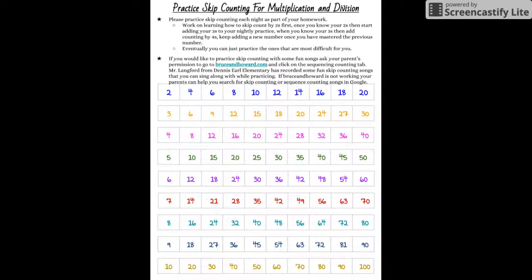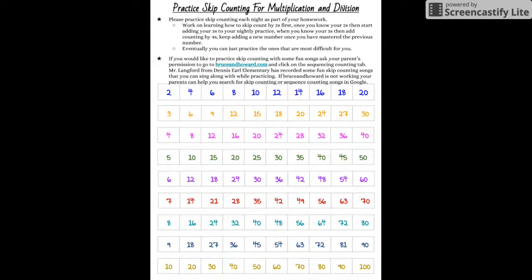Without looking at the paper, they need to be able to skip count from 3 to 30 for you. When they're proficient at that, then it's time for them to begin concentrating on studying skip counting by 4 as their homework. I really only want them to practice 1, maybe 2 a night until they are solid in those, and then move on to the next.